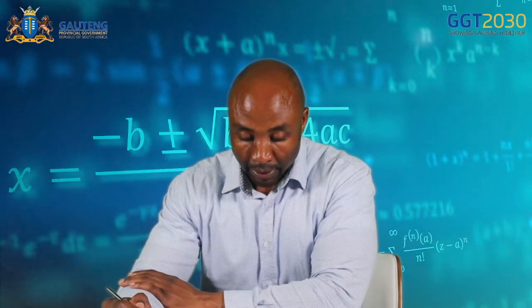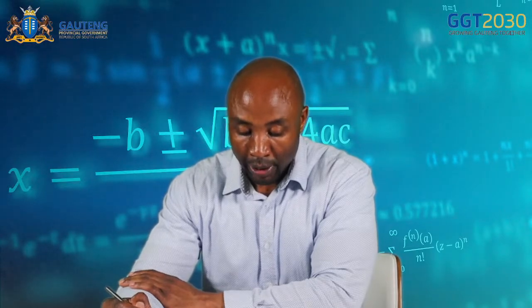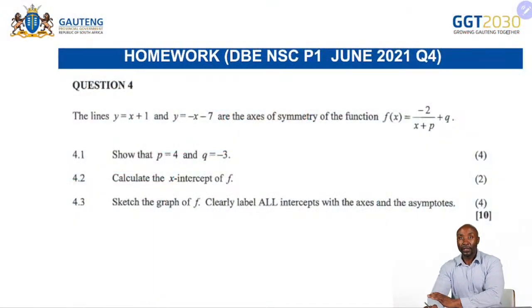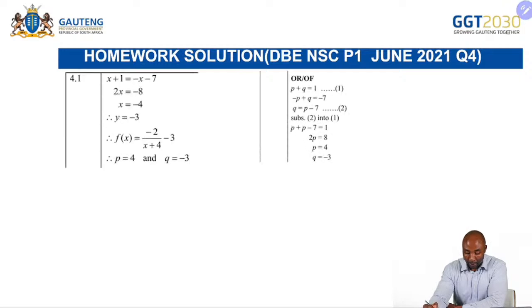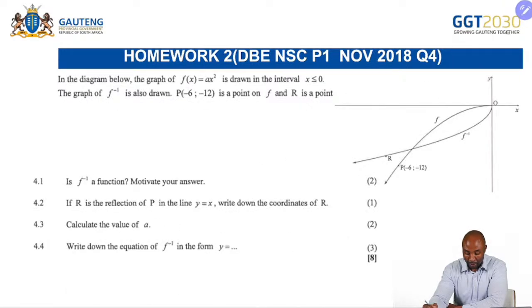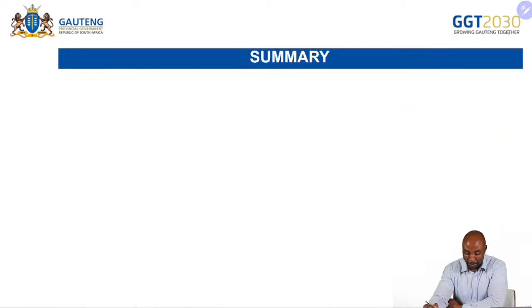Then the solution. For homework, I had planned that we do a different form of an inverse of our hyperbolic function so that we try and see the different versions of how some of these questions can be asked in an exam. I will pass those. And then for homework 2, it was an inverse function. We will deal with it next time.